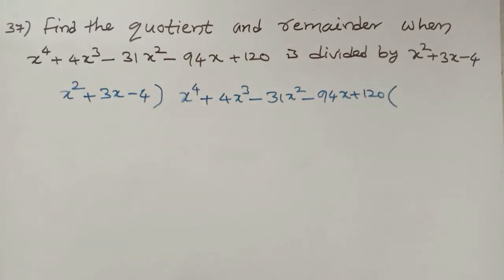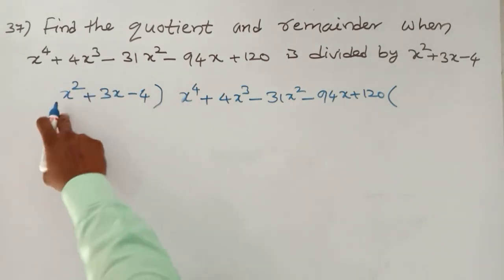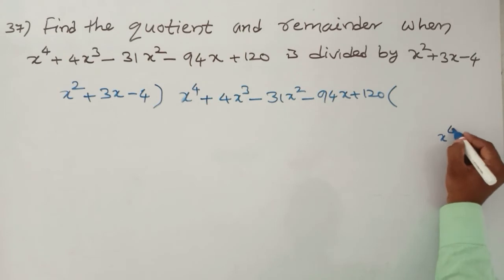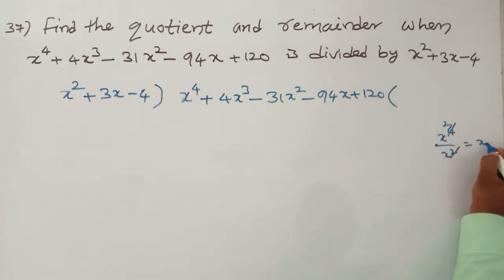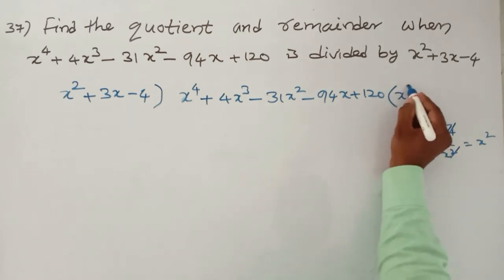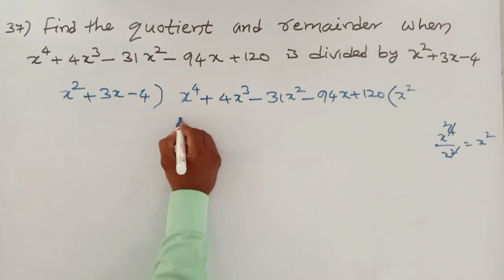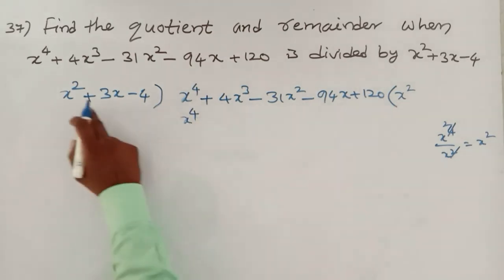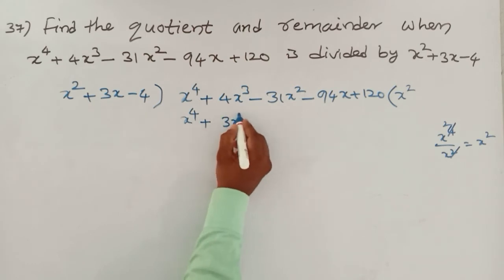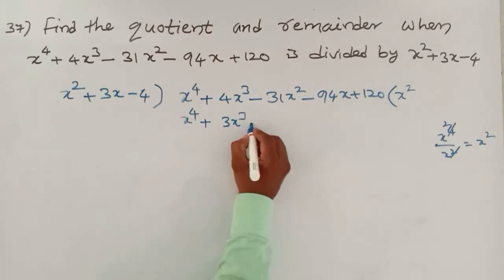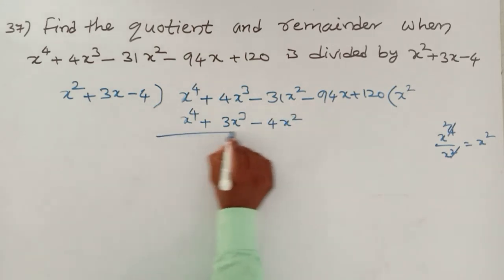Now the rule is that the first term of the dividend is divided by the first term of the divisor. x to the power of 4 divided by x square: the squares cancel and the remaining will be x square. This should be multiplied by the whole divisor: x square into x square is x to the power of 4, x square into 3x is 3x cube, and x square into minus 4 is minus 4x square.